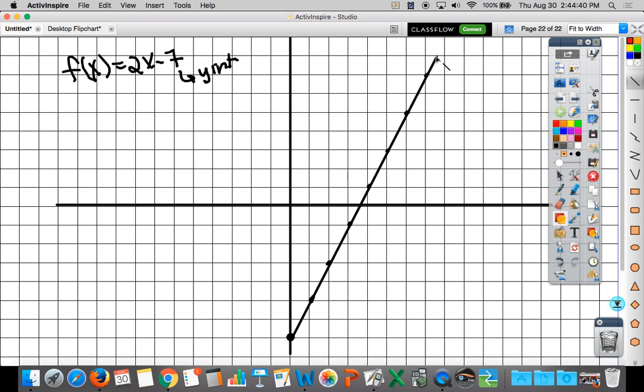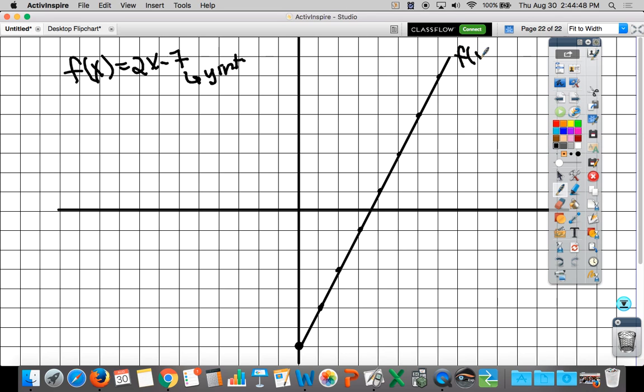There's your f of x. Any questions about drawing that line?